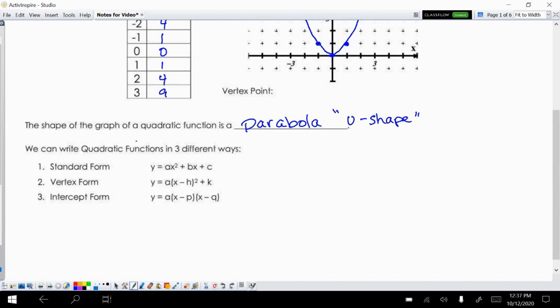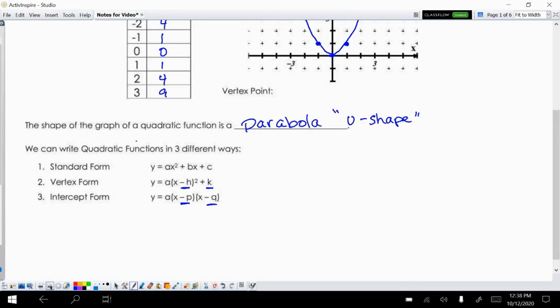In vertex form, we have a set of parentheses where we see a square, and there's an h and a k that we're going to pay attention to, and that tells us the vertex of the graph. And the third form we're going to look at is intercept form, where we have a p and a q standing in for numbers, and those are going to tell us our x-intercepts. So from each of these different forms, we get different information.